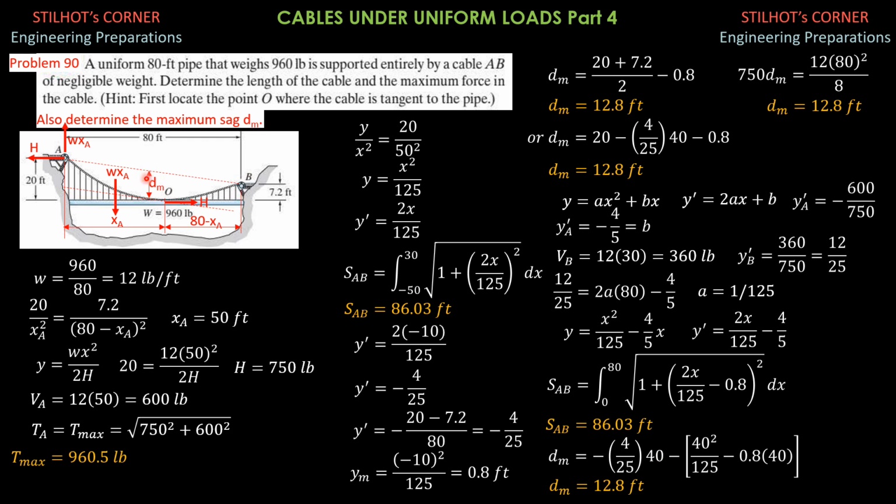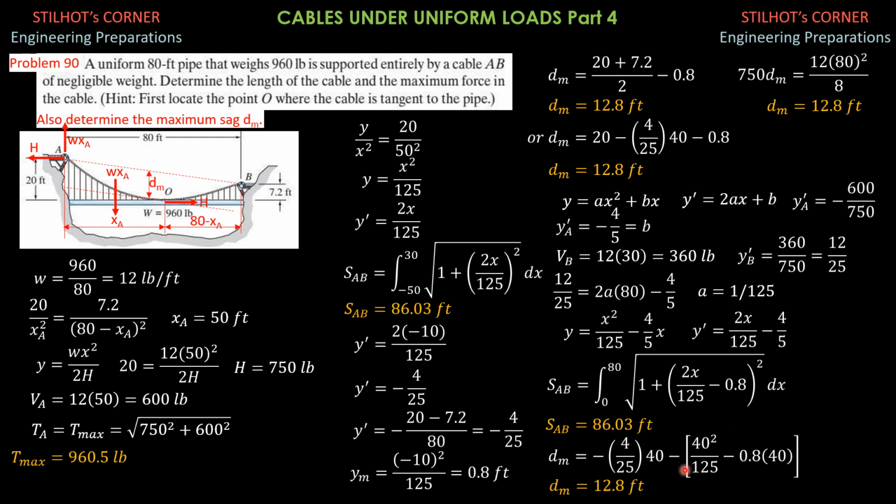Then the vertical distance of the point on the cable at the center is defined by this equation of the cable, which is negative quantity 40 squared, because at the center x is 40, over 125, plus b, which is negative 0.8 times x, which is 40. In other words, the point at the center on the cable is equal to negative of this quantity.